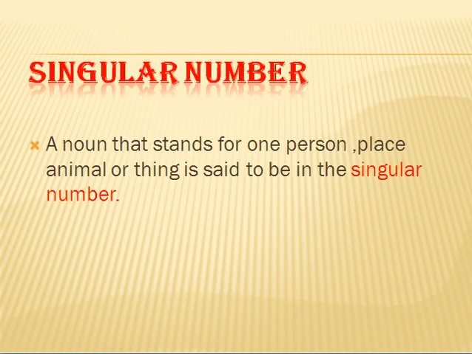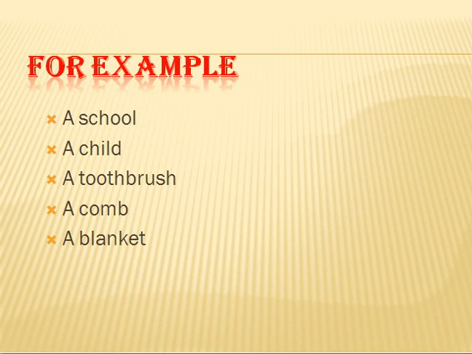Now let's start with singular number. The word singular refers to a quantity of one. A noun that stands for one person, place, animal or thing is said to be in the singular number. For example, a school, a child, a toothbrush, a comb, a blanket.